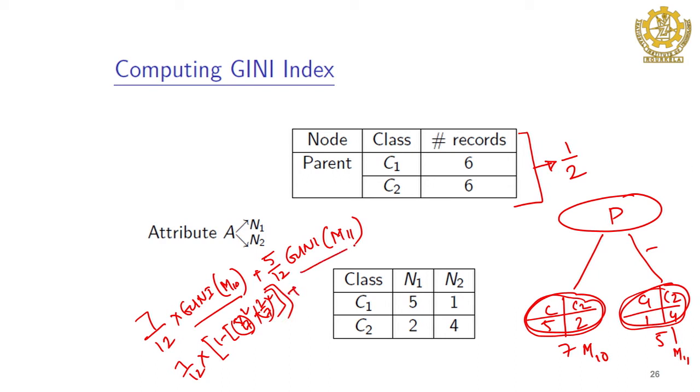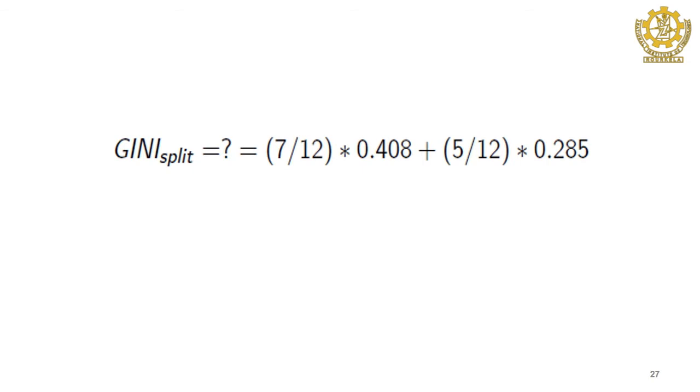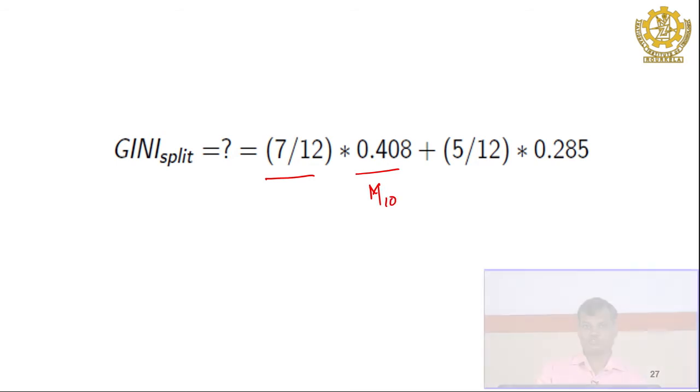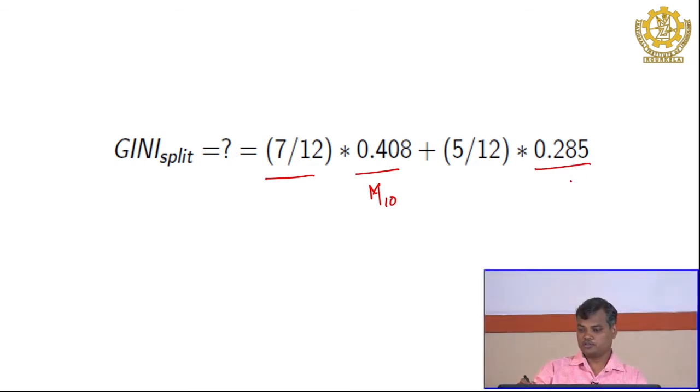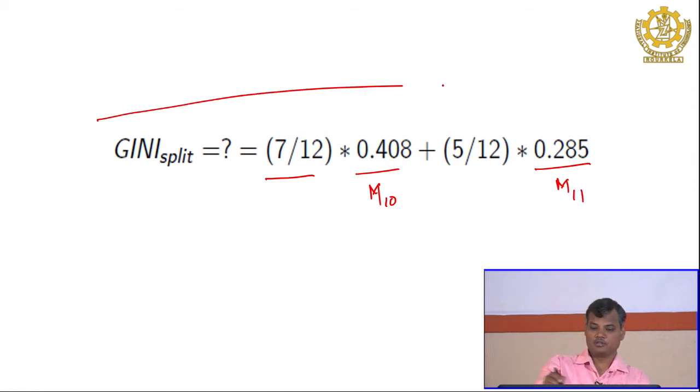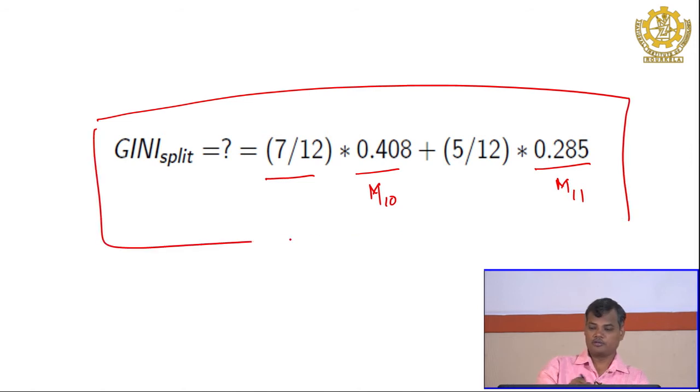Similarly, you will get it here. So, here we go. So, 7 by 12 and the Gini of this node, that is M 10, is 0.408 and for M 11 is 0.285. So, this will be the combined Gini value.